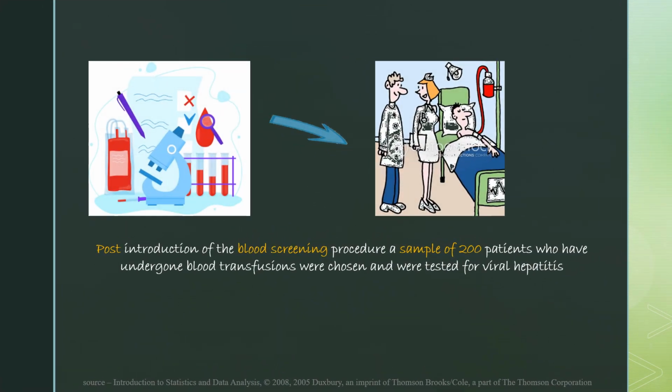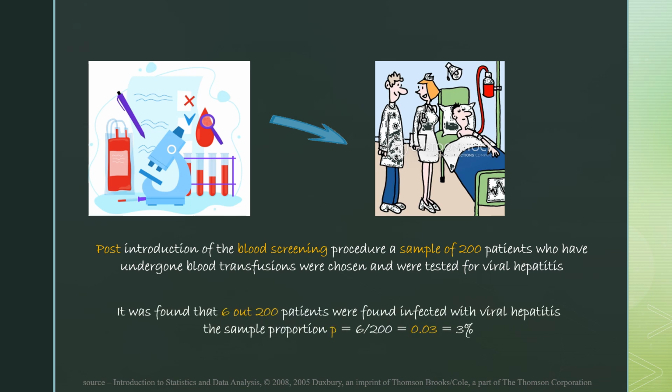Post-introduction of the blood screening procedure, a sample of 200 patients who have undergone blood transfusions were chosen and were tested for viral hepatitis. It was found that 6 out of 200 patients were found infected with viral hepatitis. That is, the sample proportion P in this case equals 6 divided by 200, which is 0.03, in other words 3%.